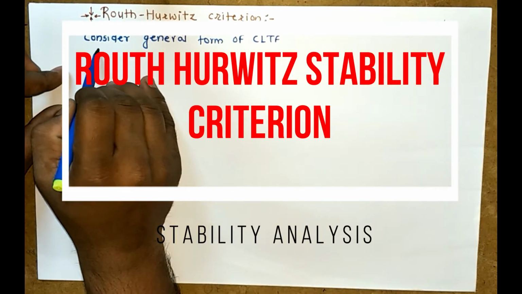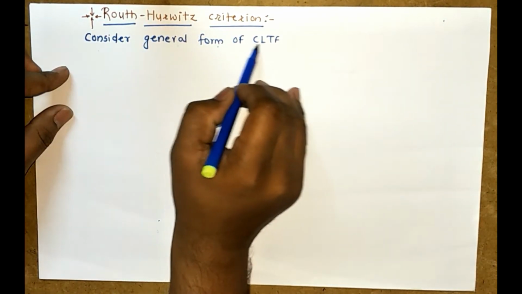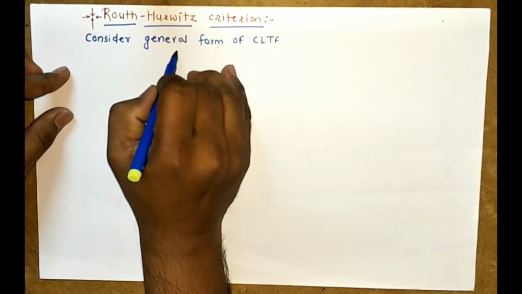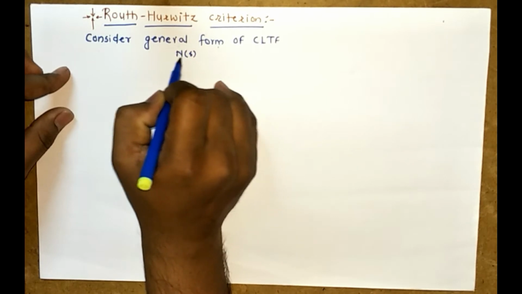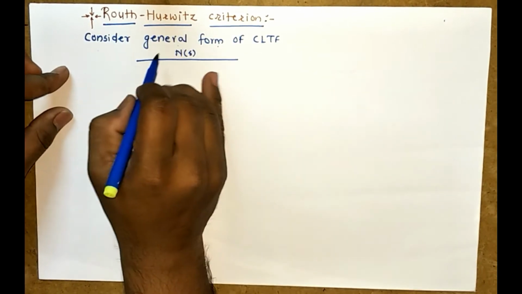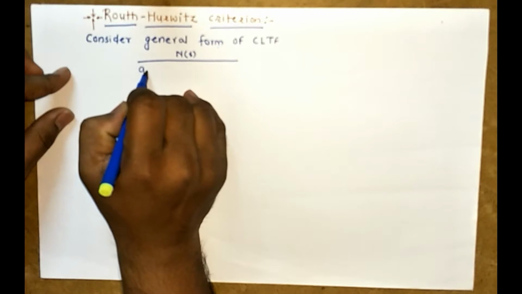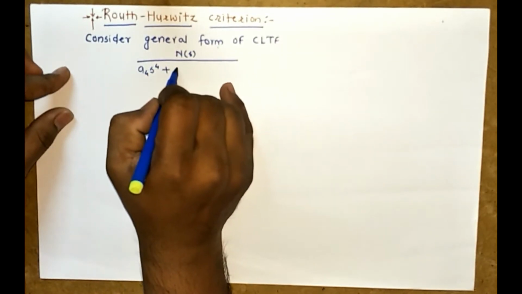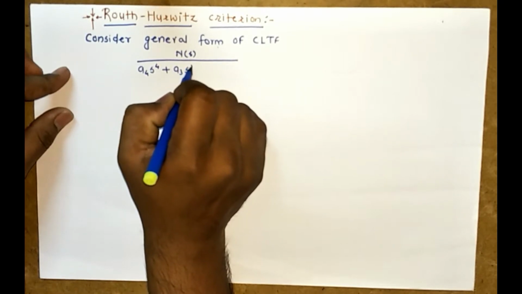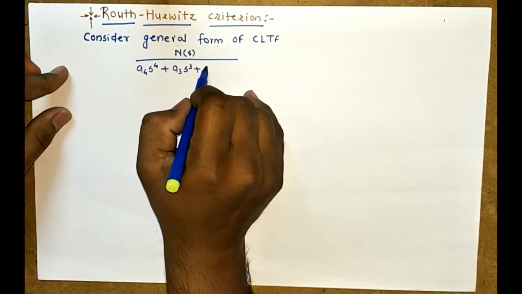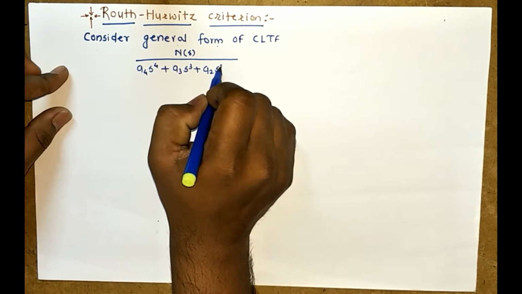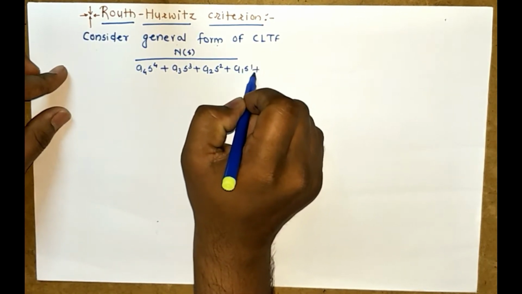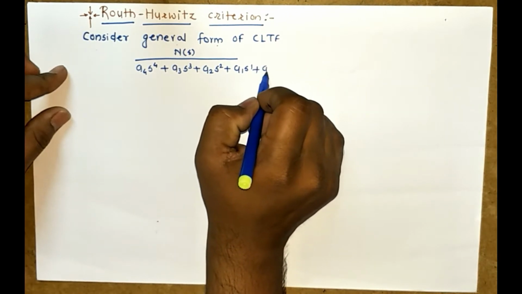Consider the general form of a closed loop transfer function: N of s upon a4 s to the power 4, a3 s to the power 3, a2 s to the power 2, a1 s to the power 1, and a0.